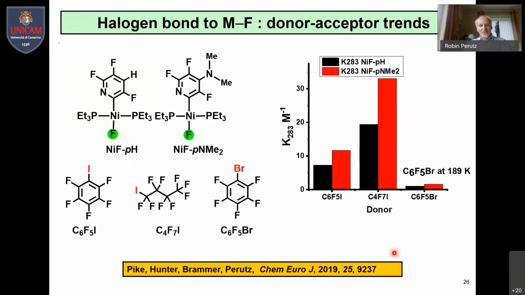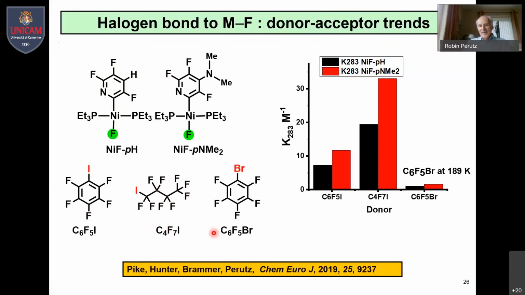So we can also do some comparisons with other halogen bond donors. So here we have our C6F5I, the aromatic one, and the comparison with an aliphatic donor, iodoheptafluorobutane.